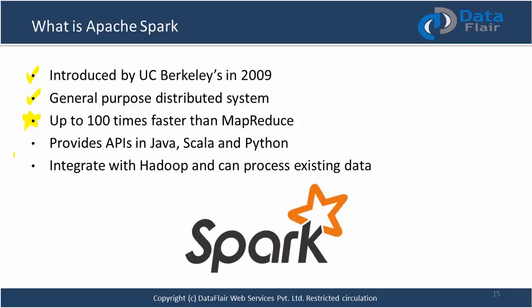As many of you are aware, MapReduce, when compared with legacy systems, was thousands of times faster than older systems. Now you can add two more zeros to that. It's that much fast. It provides pretty rich APIs in Java, Scala, and Python.